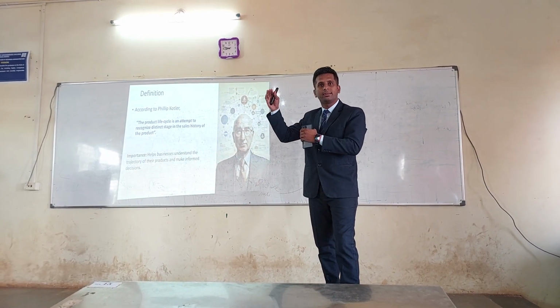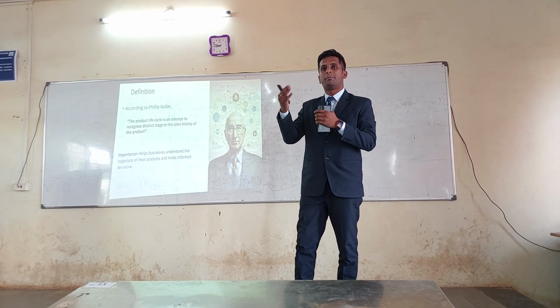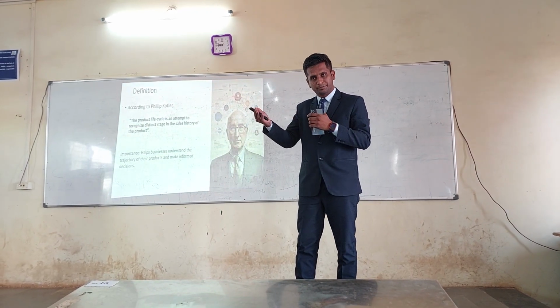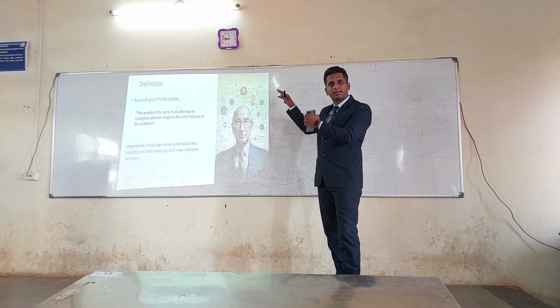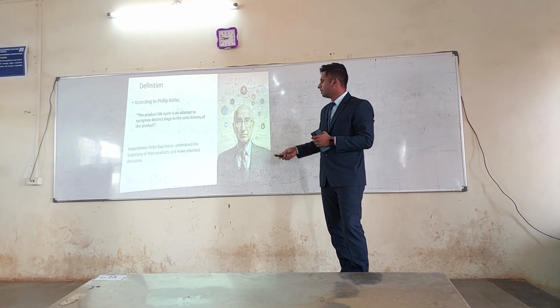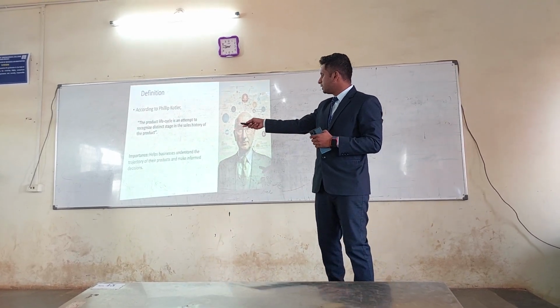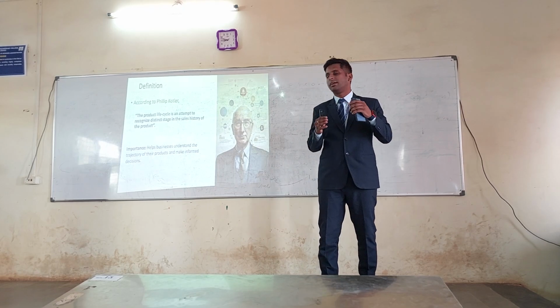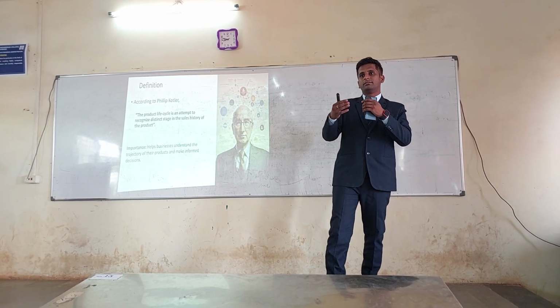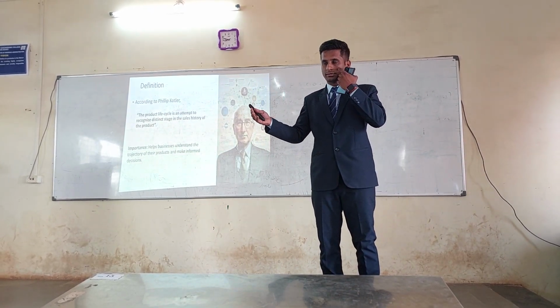Based on that graph, they will decide their future plans, future stages and future strategies. As you see the importance, it helps the business understand the trajectory of the product and make informed decisions. Based on those decisions, they will make their further plans.